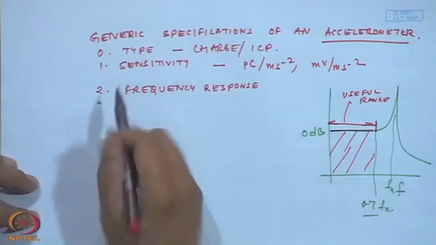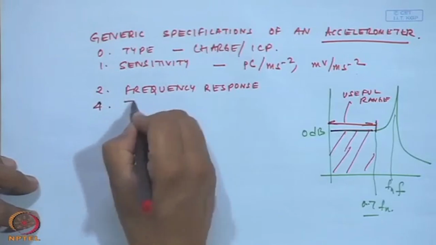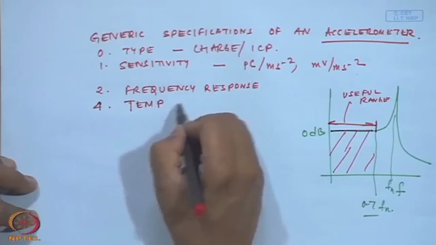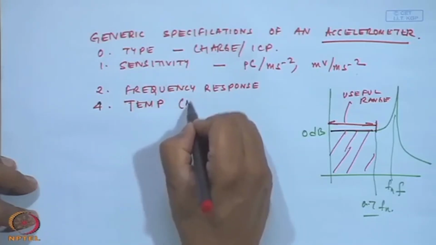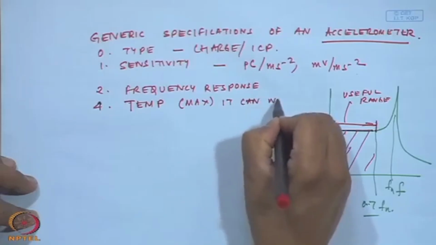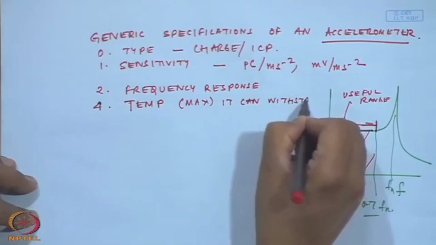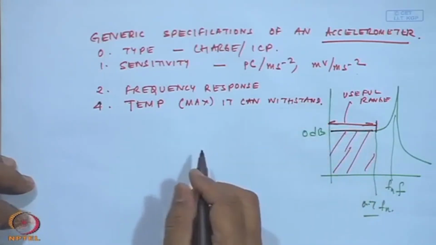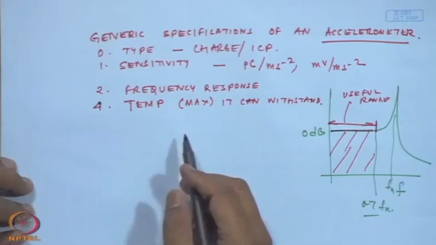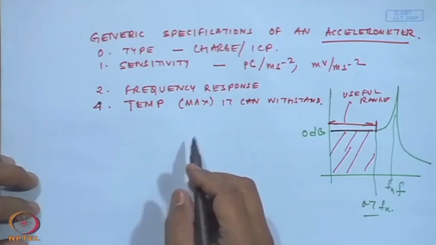Then, of course, the maximum temperature it can withstand. This is very important, because when you talk about industrial health monitoring, there will be gearboxes and bearings which are subjected to very high temperature, maybe 300-400 degrees Celsius. Okay.